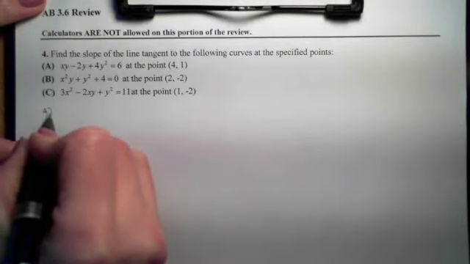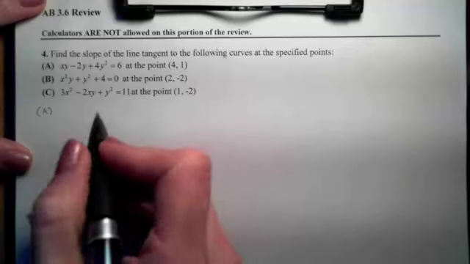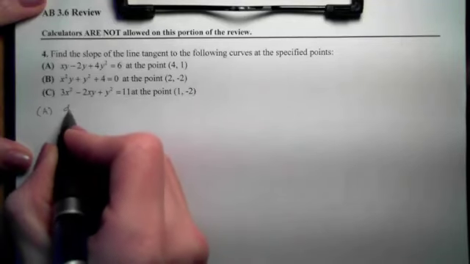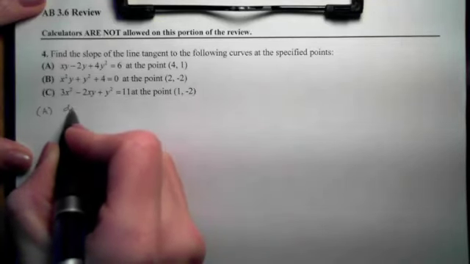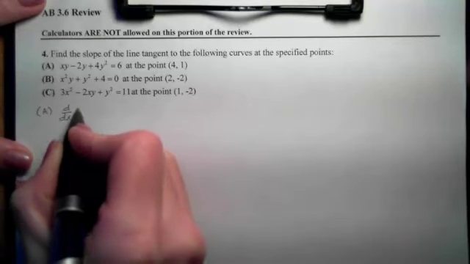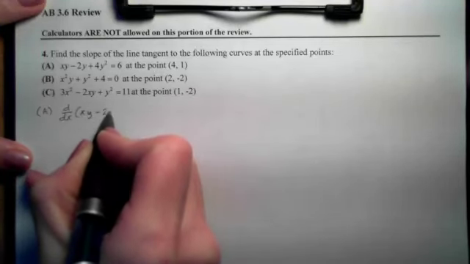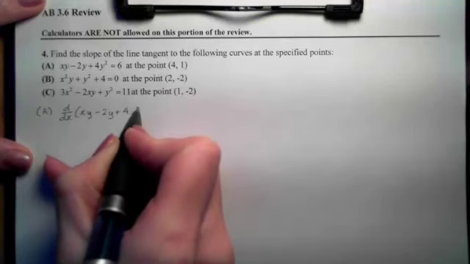So for part A, in order to find dy/dx, I have those 4 steps that we learned in section 3.6 skill 1, which is we will take the derivative of both sides with respect to x.